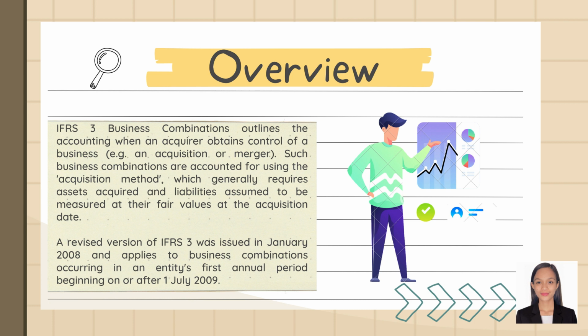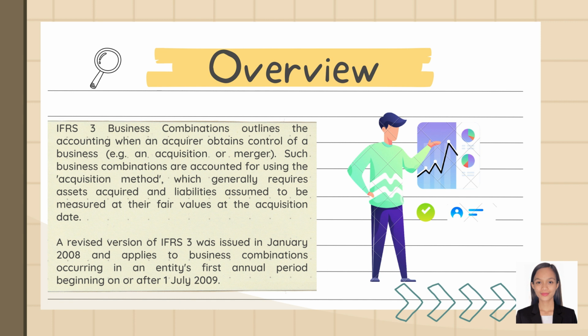Balik tayo dito. We have acquisition method. Kaya, in business combination kasi, you're acquiring something, and that is to acquire an asset or through stock method. Dalawa yan. Asset method and stock method. And it is also stated here na assets acquired and liabilities assumed to be measured at their fair values at the acquisition date.